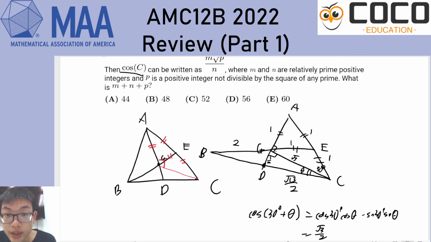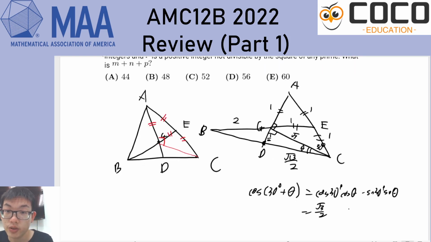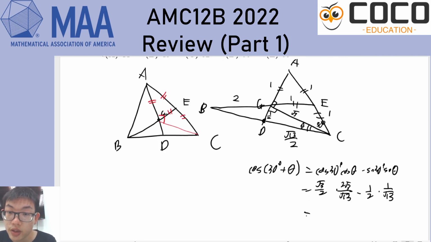Cosine theta is root 3 divided by root 13 over 2. And this is 1 over root 13. Okay, so this is 3 over root 13 minus half times 1 over root 13.